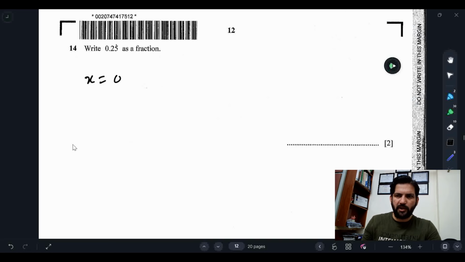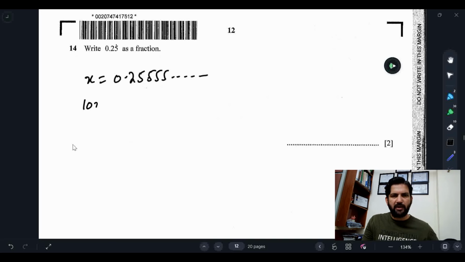Now in question number 14, it's 0.25 and you can see the dot. So what we have to do, let's say x is equal to 0.25555 and so on. Now we have to multiply it with 10.